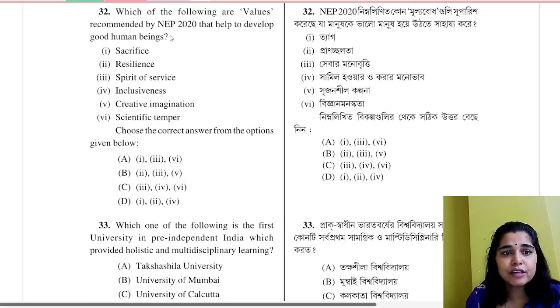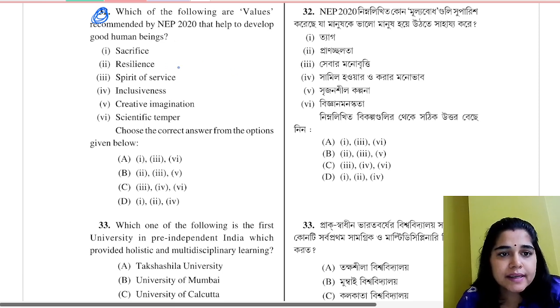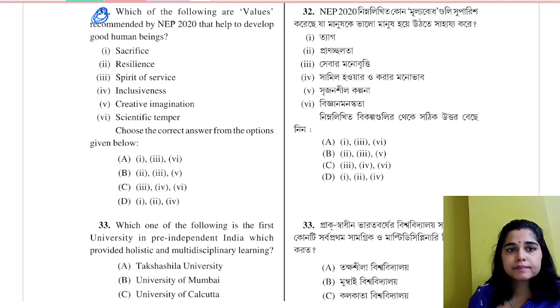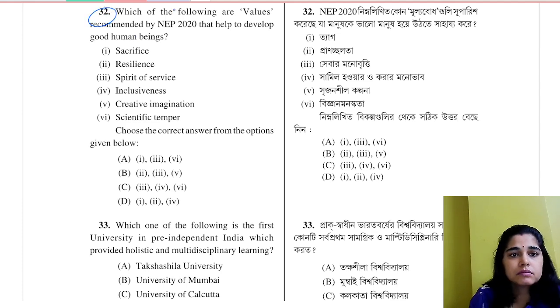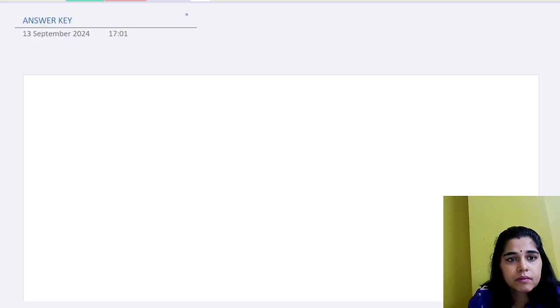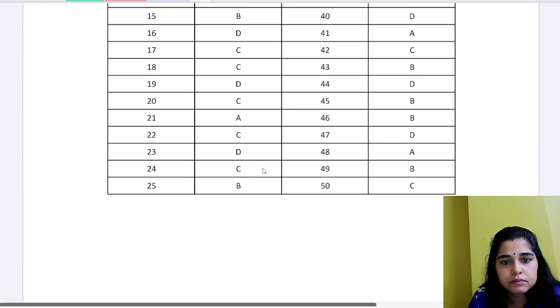Which of the following are the values recommended by the NEP? This question has a little bit of trouble. Why? Because the NTA, and not NTA, the WB set their answer key on the website. I will show you question number 32. Where is 32?